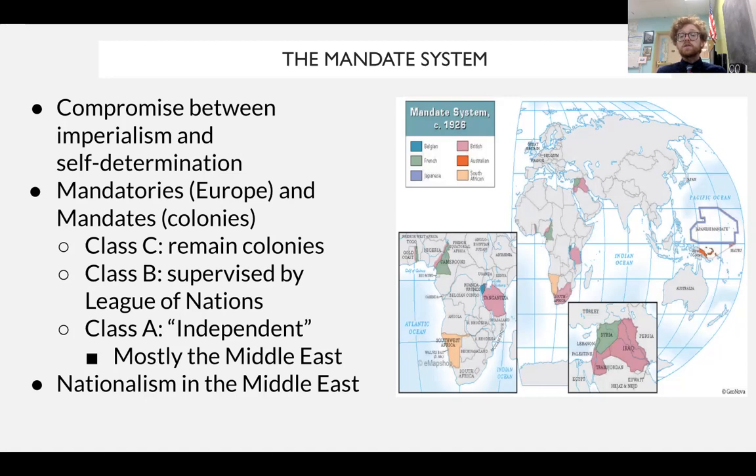So Class B colonies, again, mostly in Africa, mostly supervised by League of Nation powers like the British, like the Belgians, like the French, like the Japanese. So this is going to be a lot in Southeast Asia, a lot in places like the Middle East, in Africa, not the Middle East.